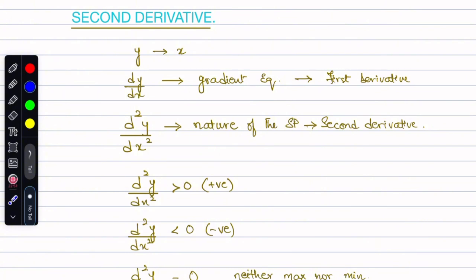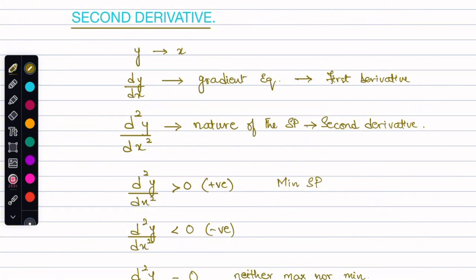Now, how to get the nature of the curve? If this second derivative comes out to be greater than 0, meaning it has a positive value, then we say that the curve shall have a minimum stationary point. It's a minimum natured curve there.